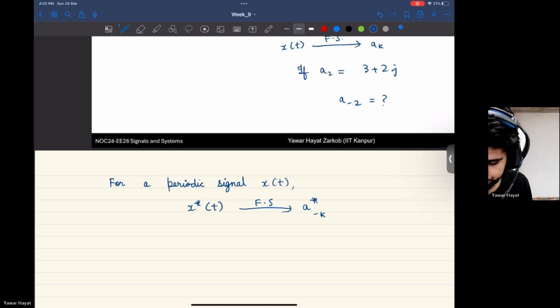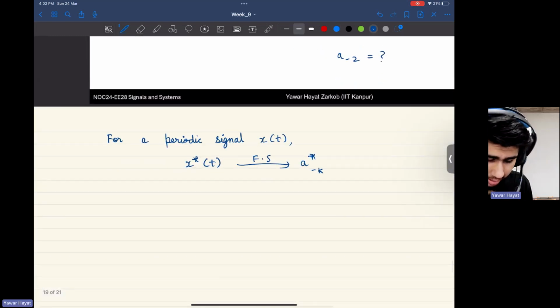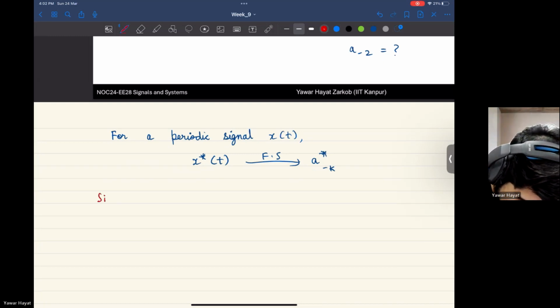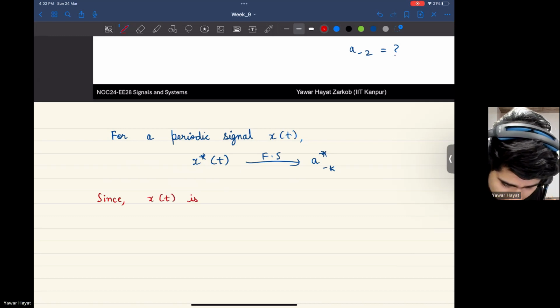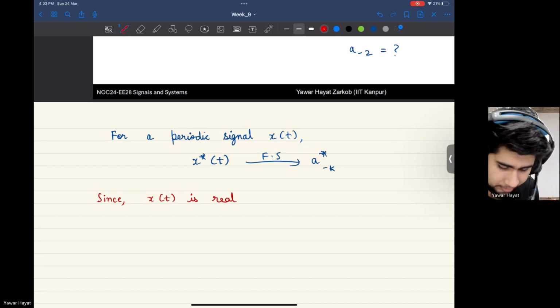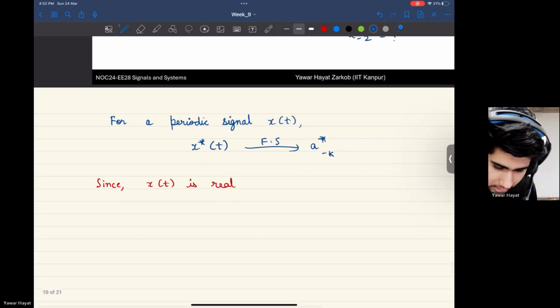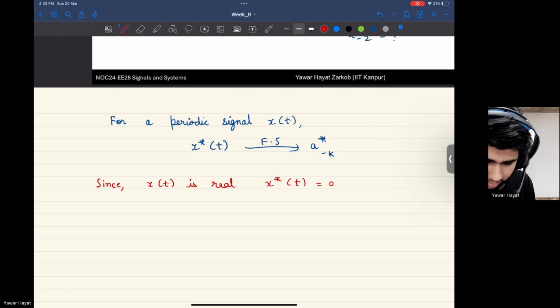Now what is given is that this signal is real, right? Since x of t is real, this x star of t will be x of t, right?